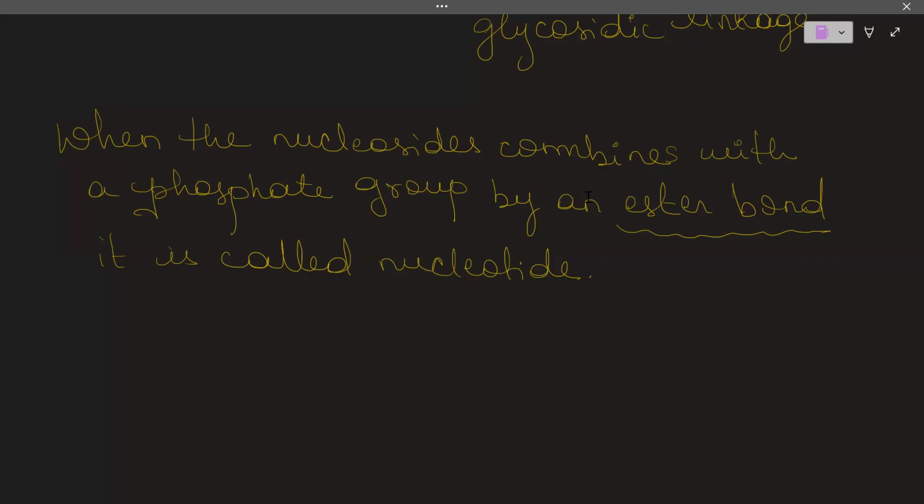For example, if I am saying that the nitrogenous base adenine is forming a bond as a nucleoside, can someone explain what I mean by that? What does it mean?